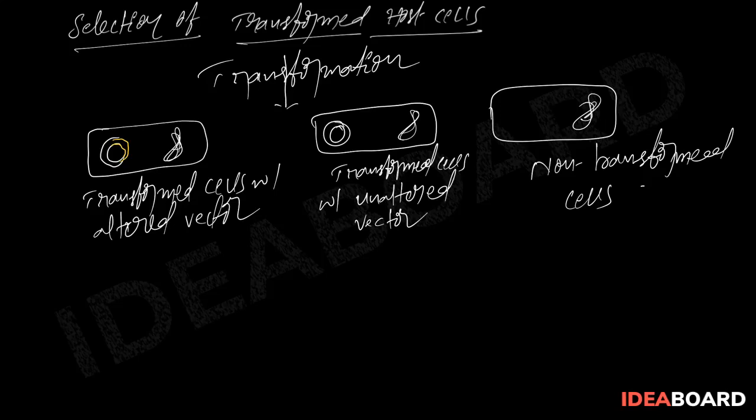Whether it is recombinant DNA or non-recombinant DNA, bacteria can receive any one type of vector. The first type of bacteria receives the altered vector, the second type receives the unaltered vector, and the third receives no vector, so no transformation. All these three types of bacteria are then transferred into a medium containing antibiotic.